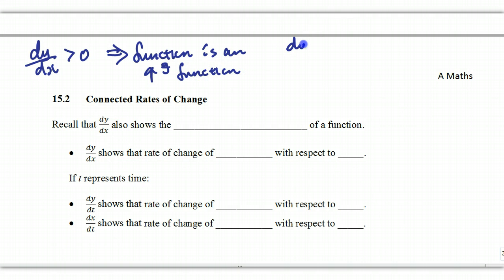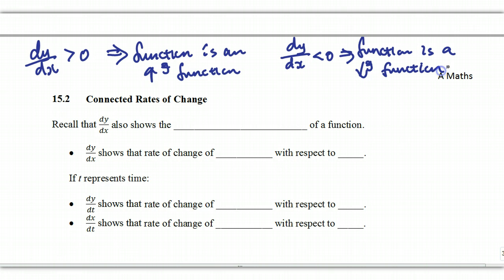And if dy over dx is less than 0, then we can show that the function is a decreasing function.